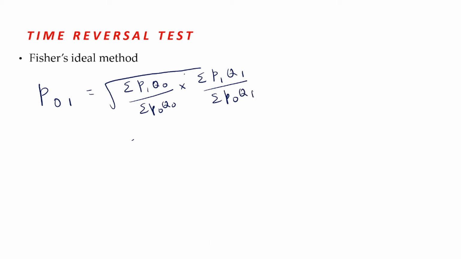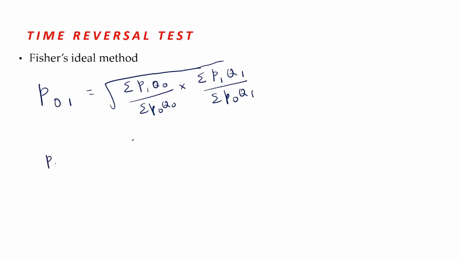This is Paasche's method. So P01 is calculated as the geometric mean of Laspeyres method and Paasche's method, and is given by this expression.